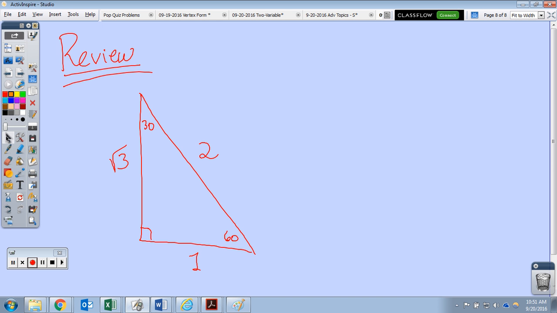And then the other one you need to have memorized is the 45-45, which is a 1-to-1 ratio because it's an isosceles triangle, and then this would be the square root of 2, from a squared plus b squared equals c squared. If you memorize these, you can pretty much do all the common ones that they expect you to know.